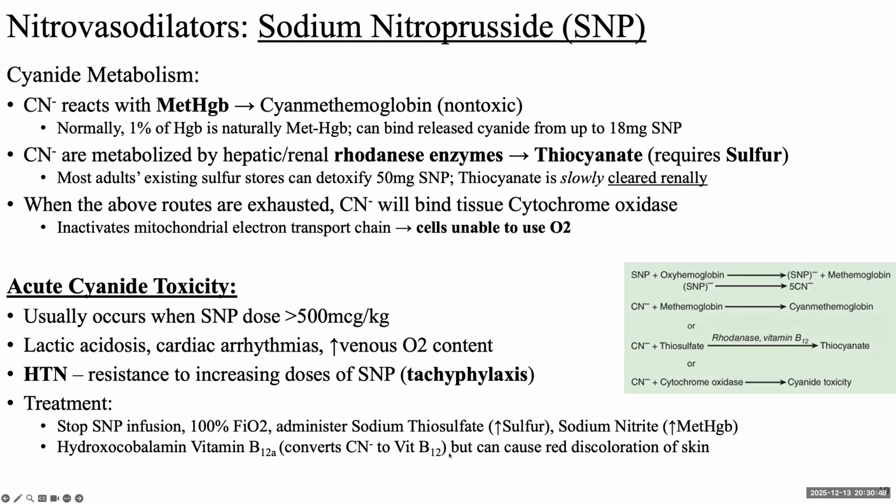Now, one caveat to this is it might cause red discoloration of skin. I don't think patients will mind that if you're saving their life, right? I'd rather have a little red discoloration than be dead. But that's one of the known side effects of this treatment pathway, vitamin B12a.